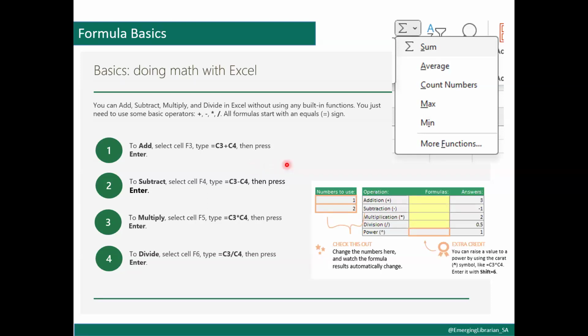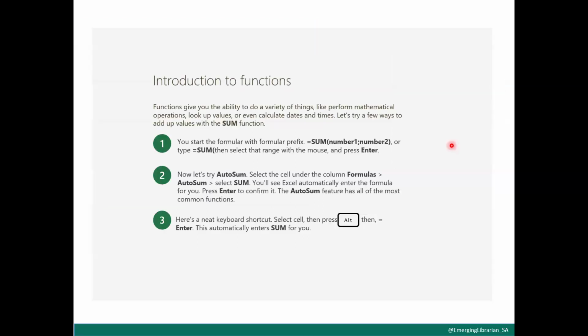If you are adding, you can use the sum. And then if you're looking for the average, this is the formula. Formula prefix, and then average, then open bracket, then you enter the cell range, the cell references. And then you have the count numbers, you have the minimum, you have the maximum, and you also have more functions. So there are more functions, a whole lot of functions in Microsoft Excel.